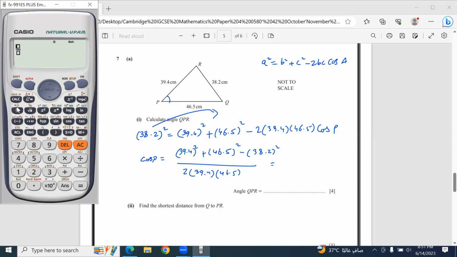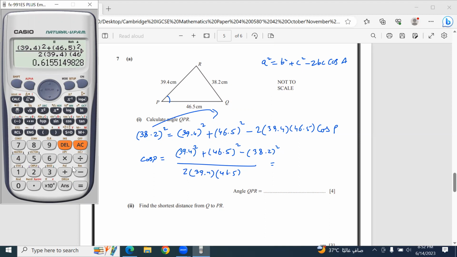First we have 39.4 squared plus 46.5 squared minus 38.2 squared, divided by 2 bracket open 39.4 and 46.5.